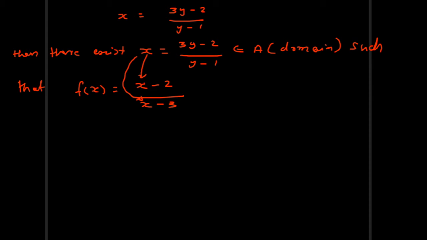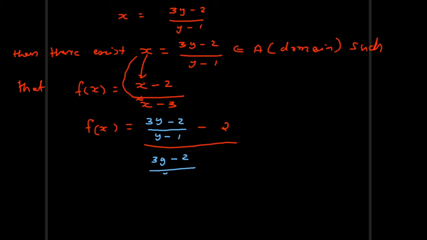Therefore f of x equal to, this x you write 3y minus 2 by y minus 1, then minus 2, divided by 3y minus 2 by y minus 1 minus 3.